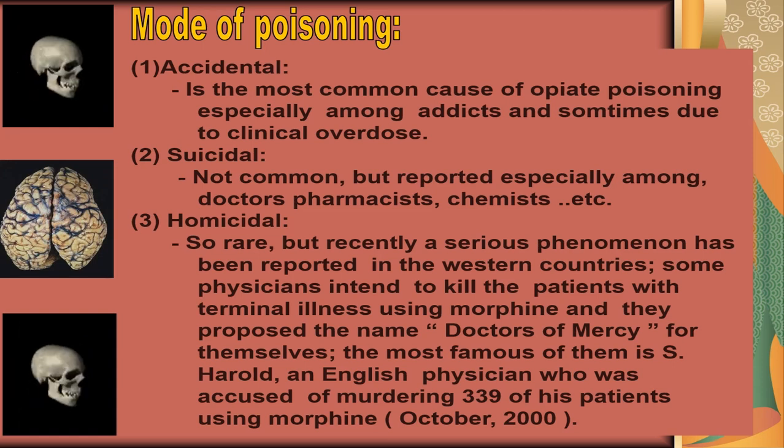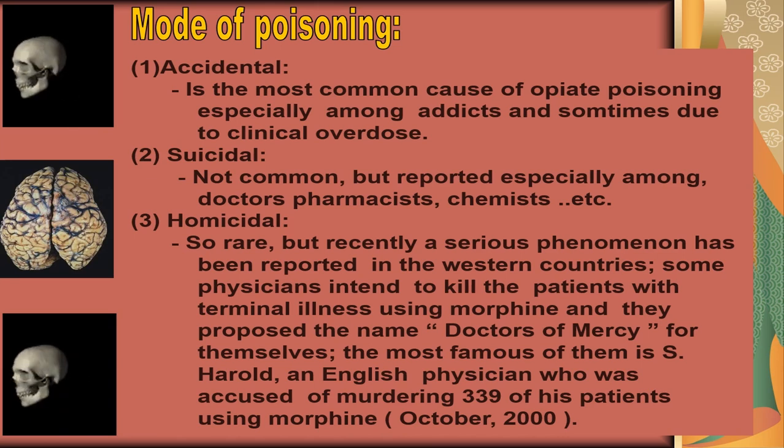Mode of poisoning. Accidental is the commonest cause of opiate poisoning. However, it can be doctor-induced due to clinical overdosage. Suicidal is not common, but reported especially among persons who can obtain such chemicals, like doctors, pharmacists, and chemists.